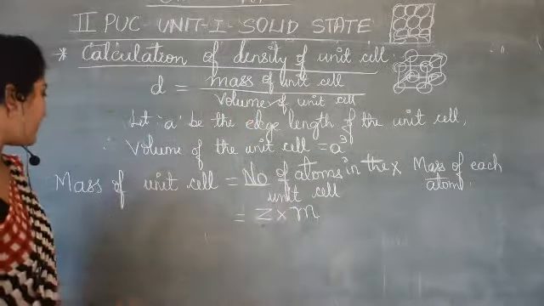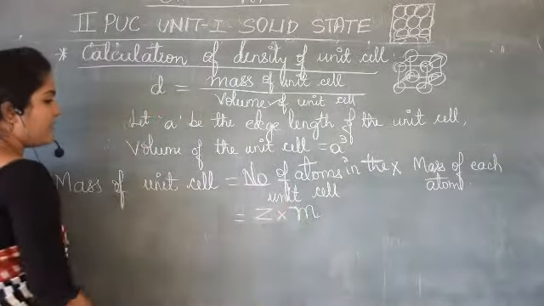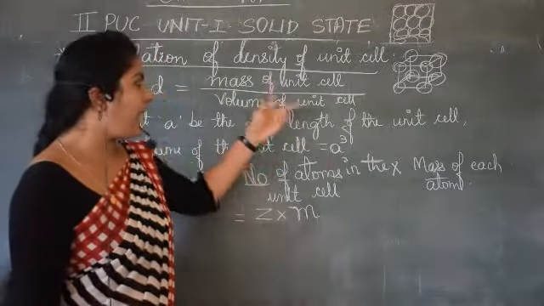Hope you will remember this. Mass of unit cell is equal to Z into m. Now we have got both.